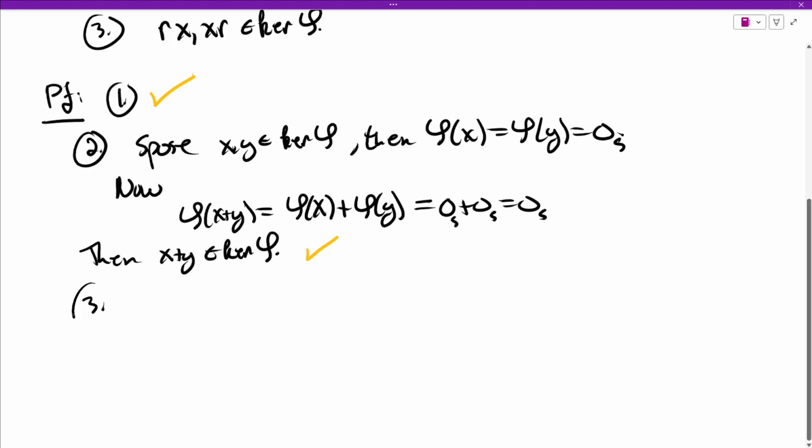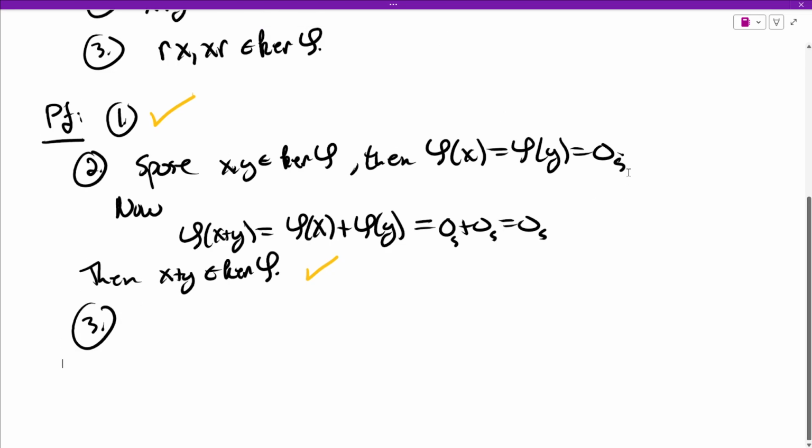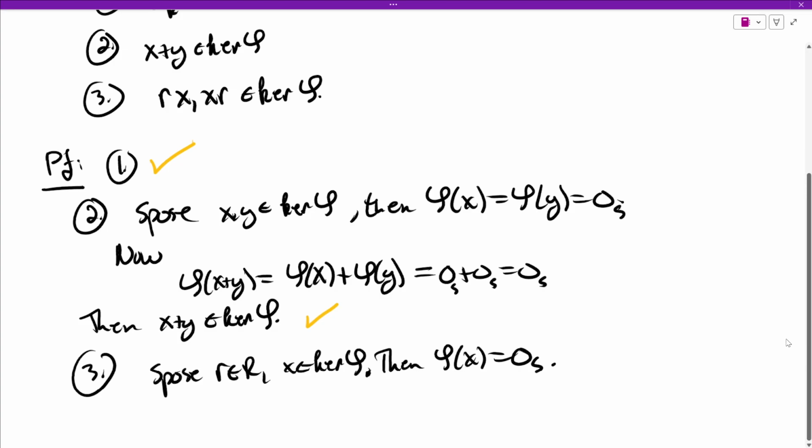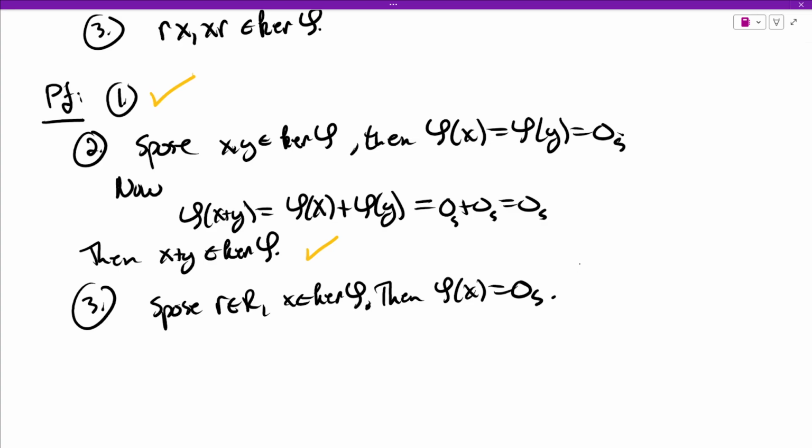And then for 3, we have to show that the kernel absorbs multiplication by r. So suppose r is in R and x is in the kernel. Then, of course, phi of x is the 0 in S. Great. Now let's compute phi of rx, because that's the thing we need to show is 0.